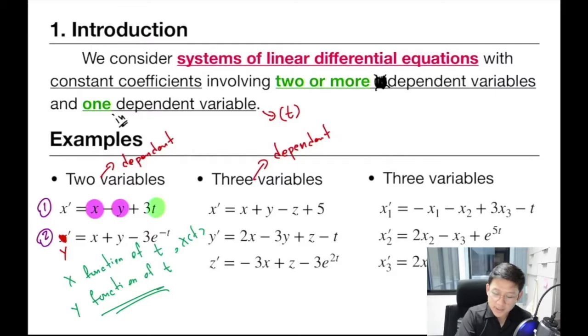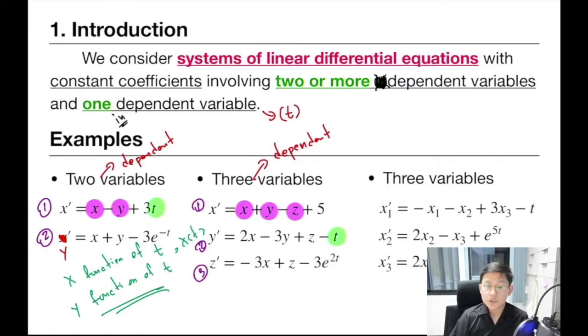In this case they are x, y, and z, and again the independent variable is t. We have the first equation, second equation, and third equation, which means that this is a system of linear differential equations, and the system has three equations.